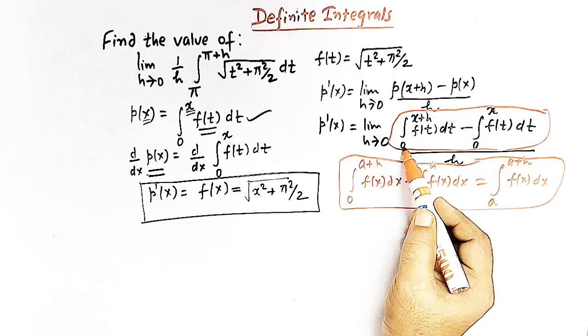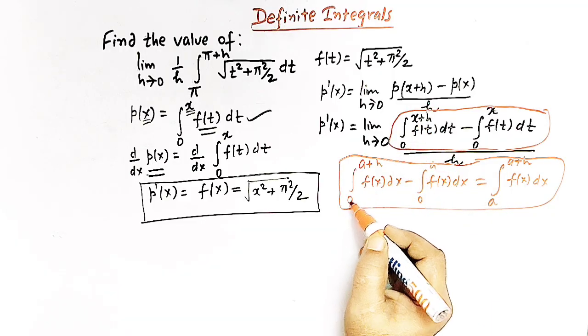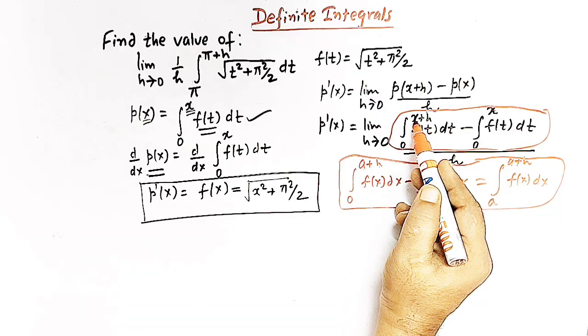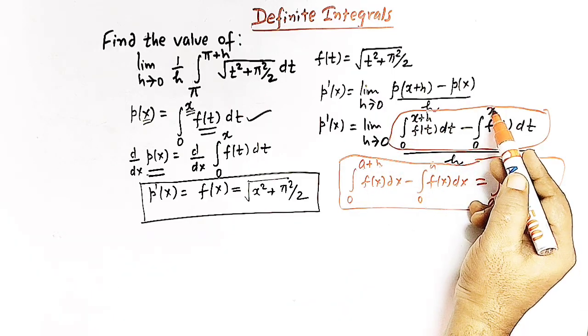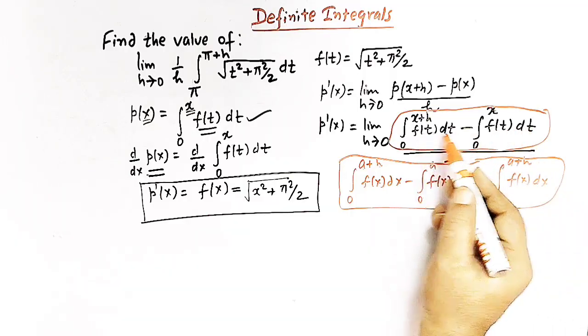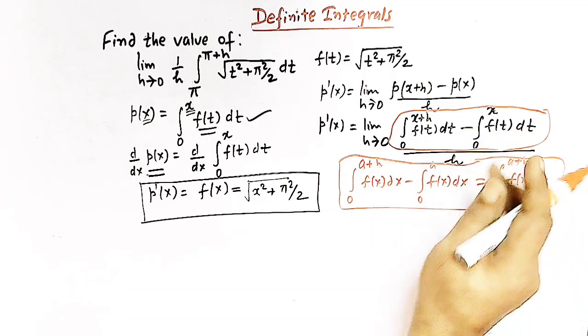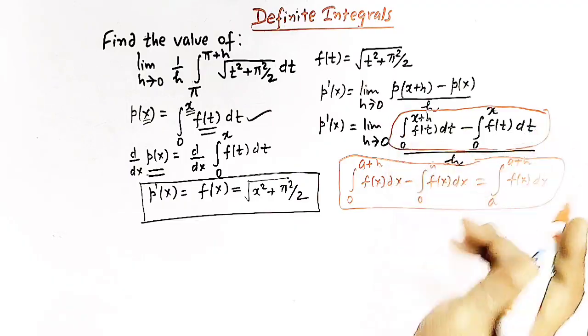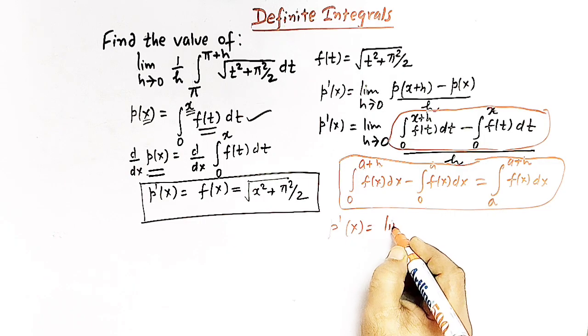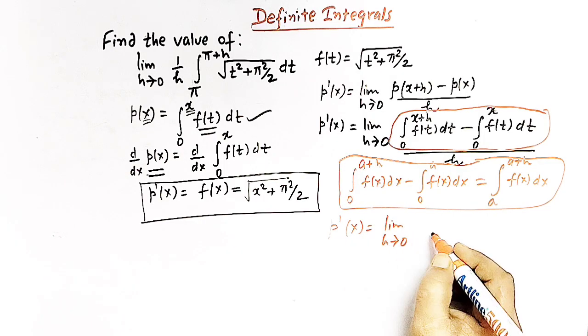So here we have 0 to x plus h. So for a, we have x, and here we have 0 to x, 0 to a, f of t dt. Here the variable is t. So now the value of this expression can be written as, here we have limit h tends to 0.